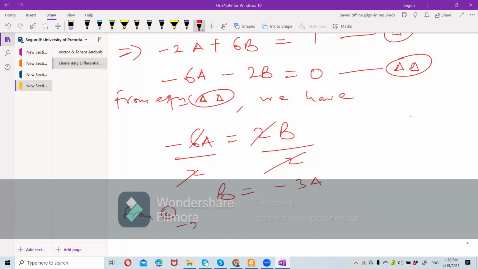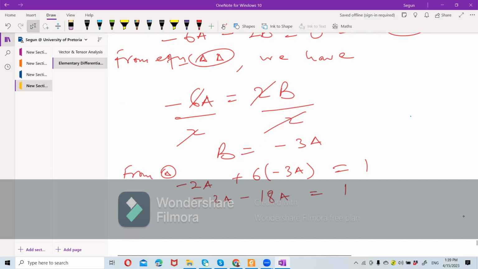We have minus 2a plus 6b. Since b is minus 3a, substitute minus 3a there. Remember, it's equals to 1. So this minus will cancel this. We have minus 2a minus 18a equals to 1. Do you agree?